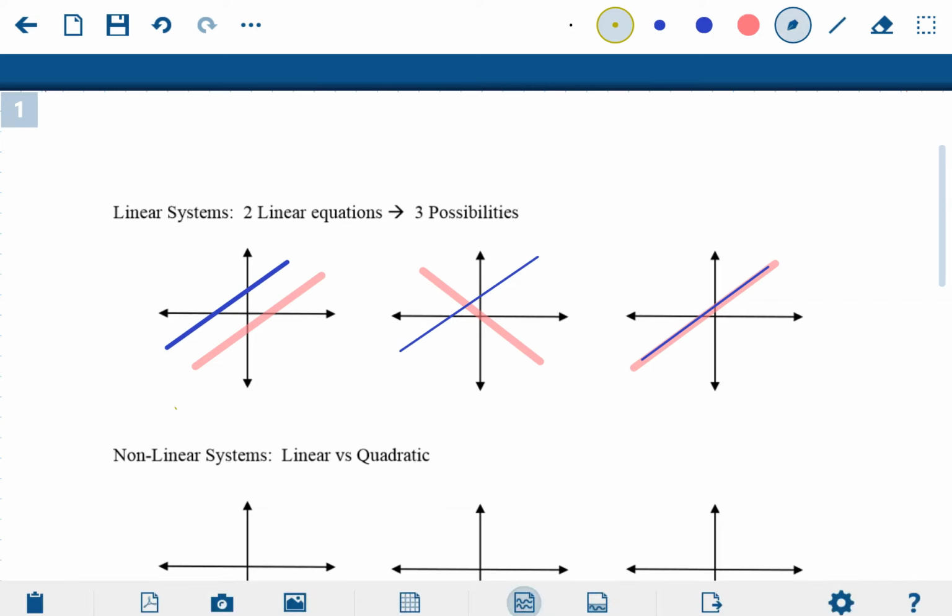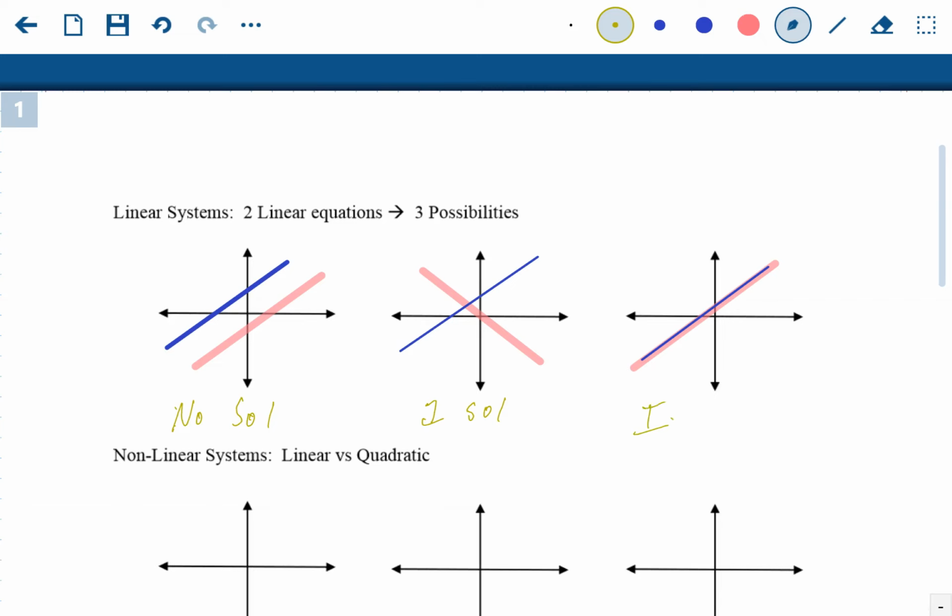Remember, so zero solutions, no solutions. One solution, or infinitely many solutions. Okay. Now that infinitely many happens because it's the exact same line.